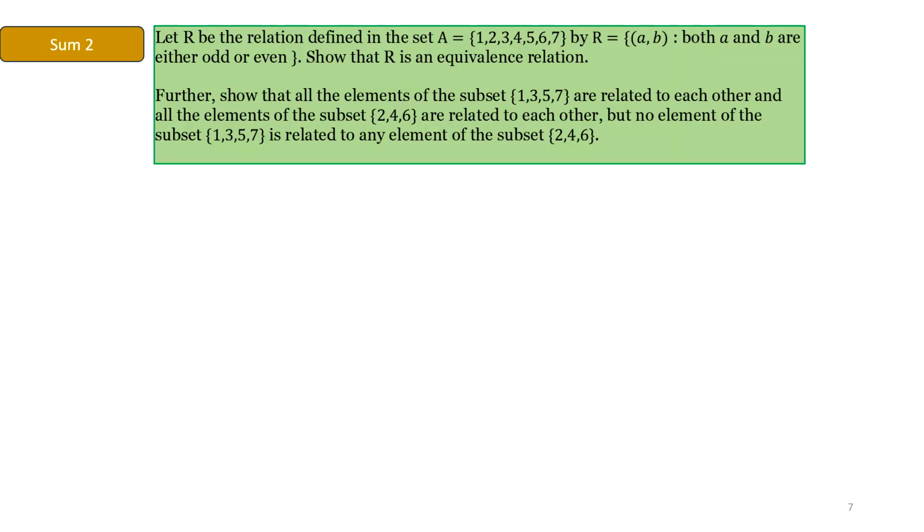Let R be the relation defined in set A, where R is a relation between a and b, such that both a and b are either odd or even. Show that R is an equivalence relation. Additionally, go through the second part of the question.